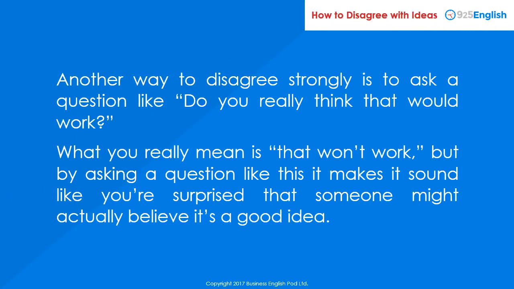Another way to disagree strongly is to ask a question like, "Do you really think that would work?" What you really mean is, "That won't work." But by asking a question like this, it makes it sound as if you're surprised that someone might actually believe it's a good idea.